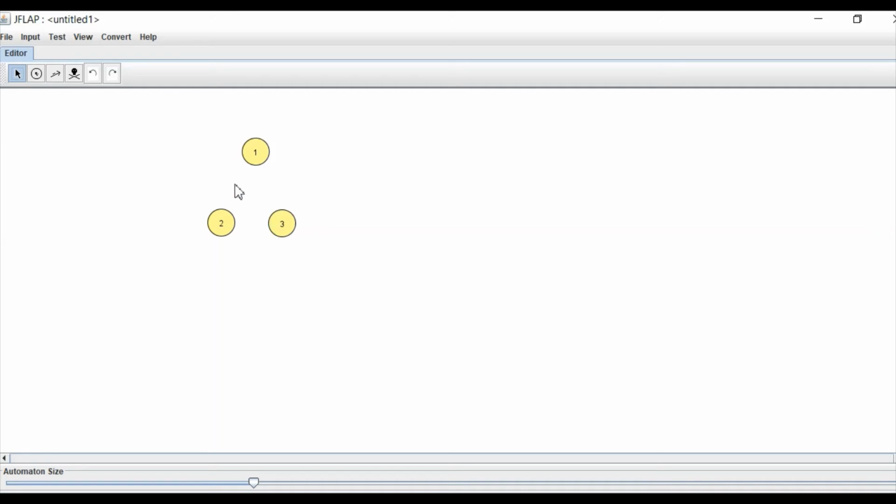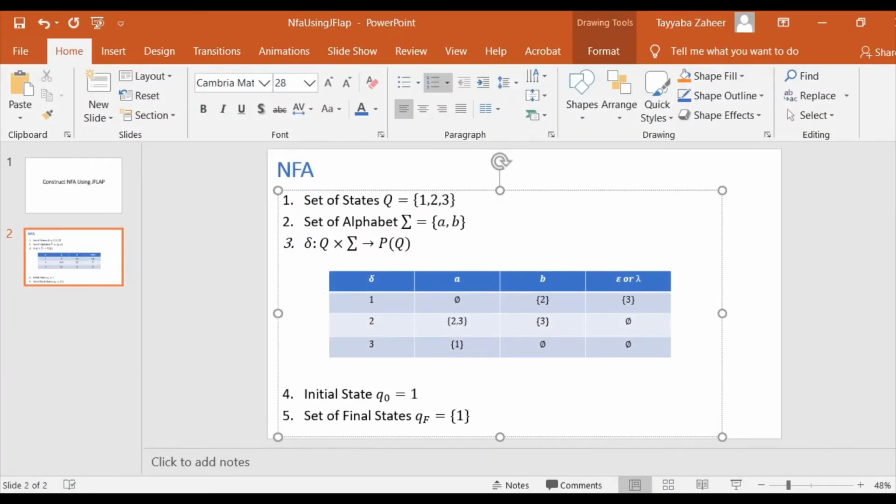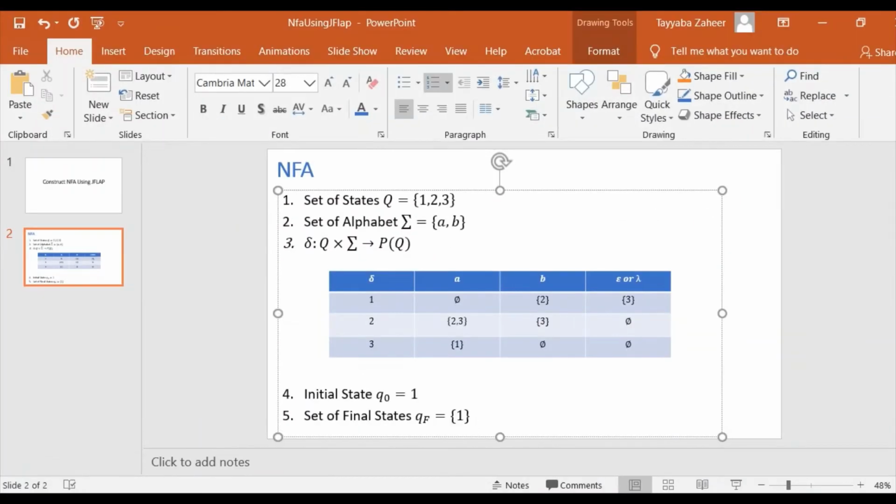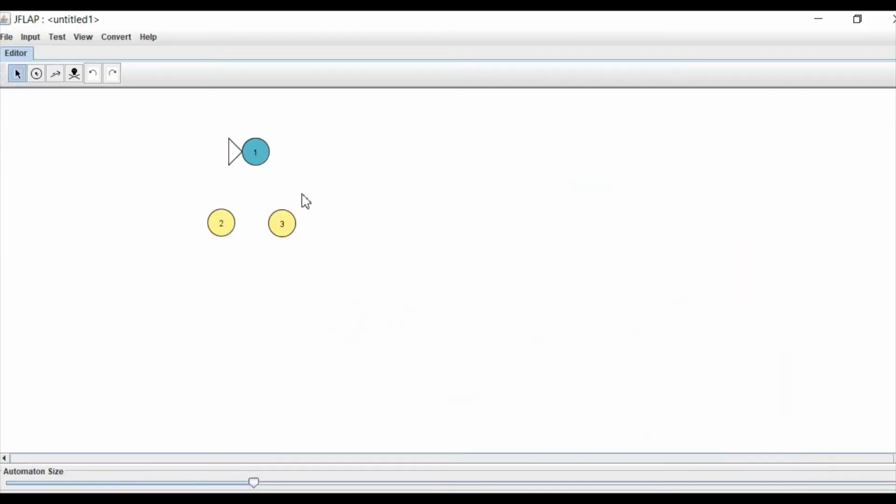Next step is to highlight the initial state and the set of final states. Initial state would be the state 1. Here I am going to select the initial state property for state 1, and similarly the set of final states consists only the state 1.